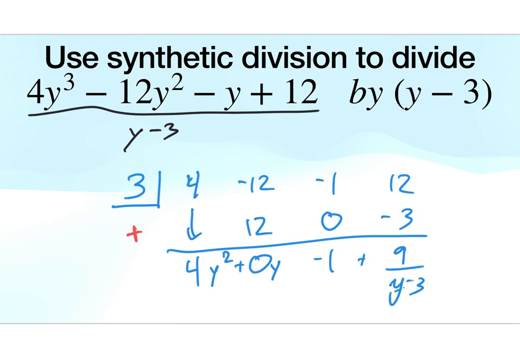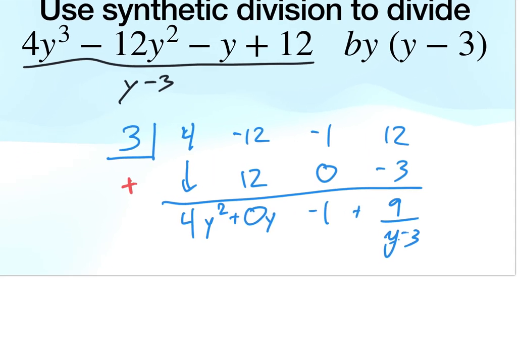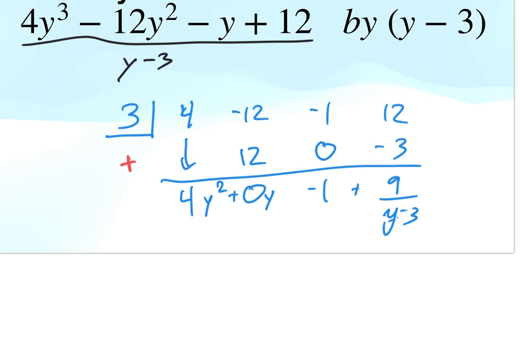That's my remainder. Or realistically, I'd write 4y squared minus 1 plus 9 over y minus 3. That's a 9, and that's how I'd finish it out using synthetic division.